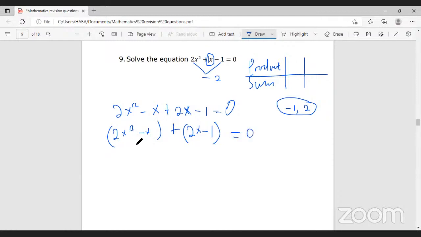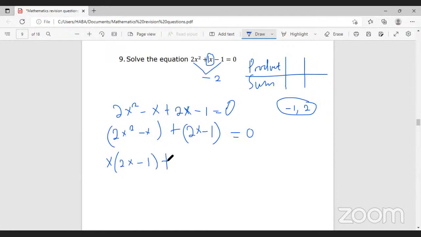Yes, so we identify the common factor in the first bracket and the common factor in the second bracket. So what is the common factor in the first bracket? It is x. So we remain with x outside. Then here we have 2x minus 1.